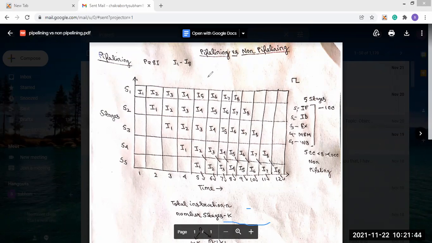Let's say I1 is our first instruction. To execute this I1 instruction, how many clock cycles will be required?